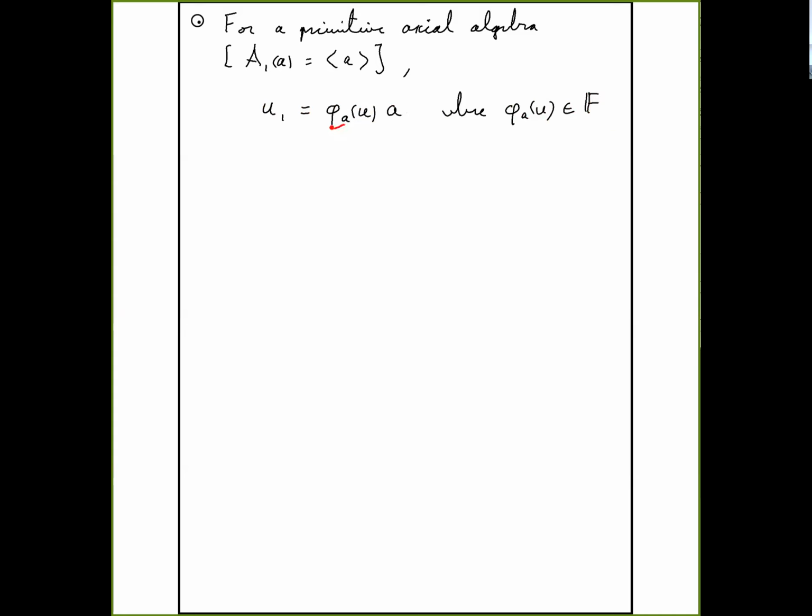And this thing here, I've written it like this, phi A, is linear in U. That's easy to see. If I have the sum of two things here, then the sum of their projections to the first component must be just a sum of the two individual projections.